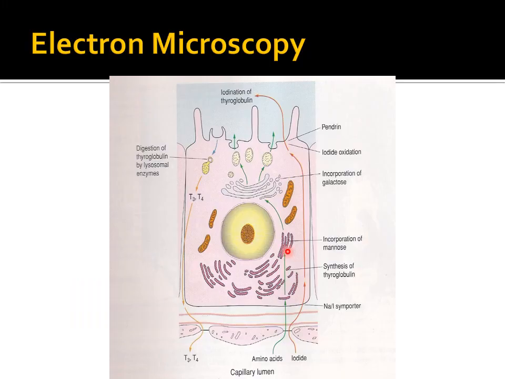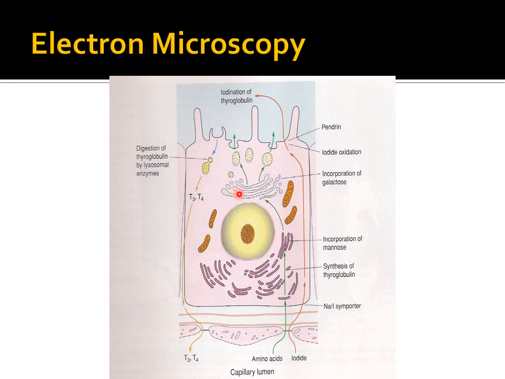If you see the electron microscopic picture of a thyroid follicle cell, a simple cuboidal follicular cell, in its ultrastructure you can see that its basal side is resting on the basement membrane, and towards the basal part of the cell there is abundant rough endoplasmic reticulum. Then there is the centrally located nucleus, which is round and spherical.